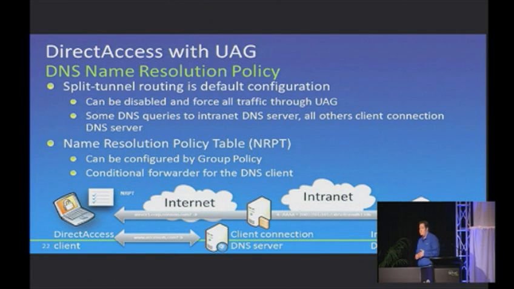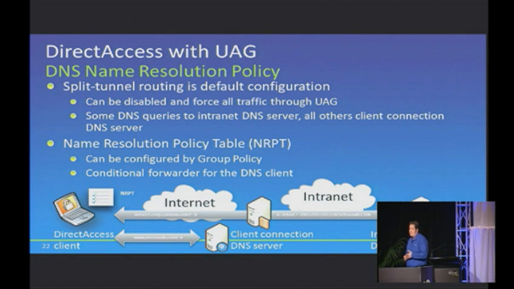The name resolution. I said that my client was able to figure out that my internal resources must be used. So how is that done? There's a new feature in the Windows 7 and Server 2008 R2 client, which is called name resolution policy.